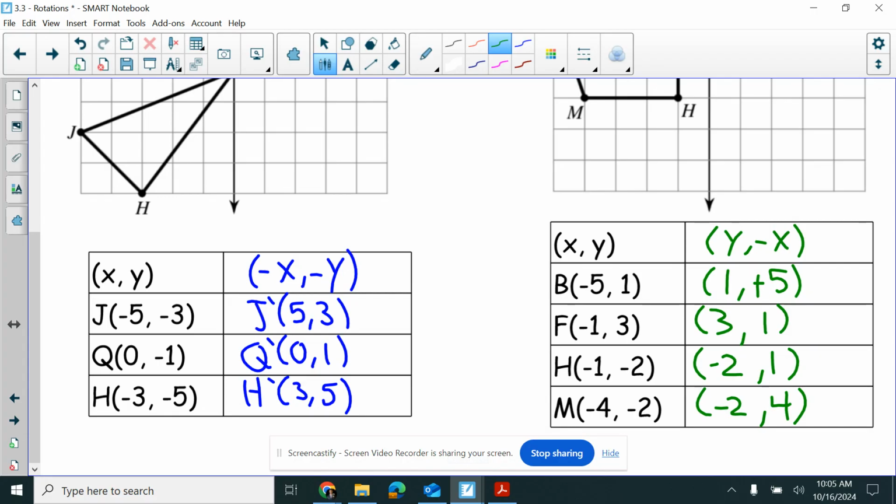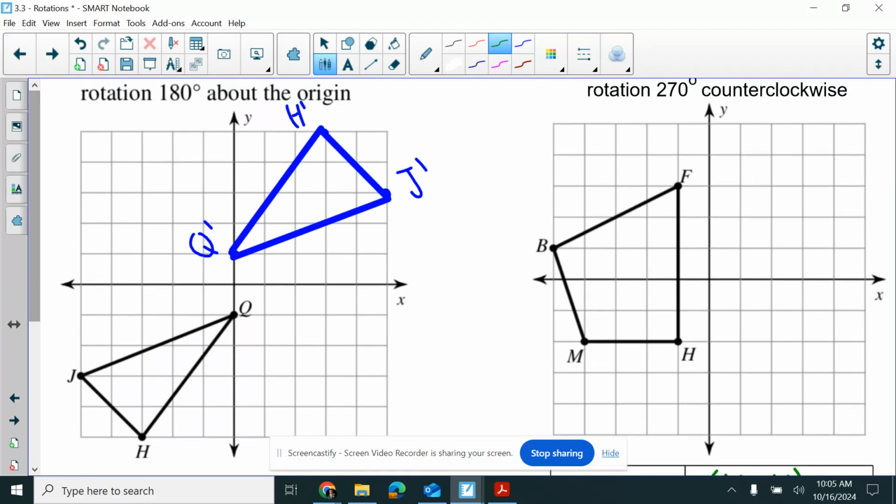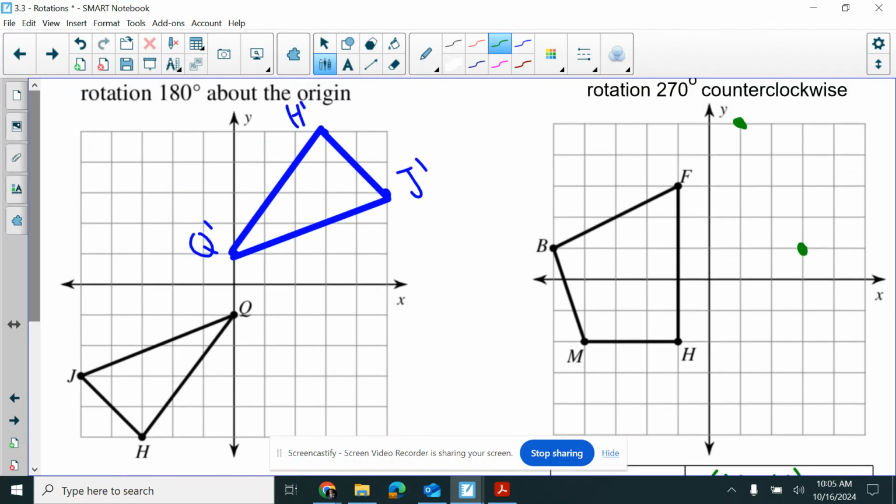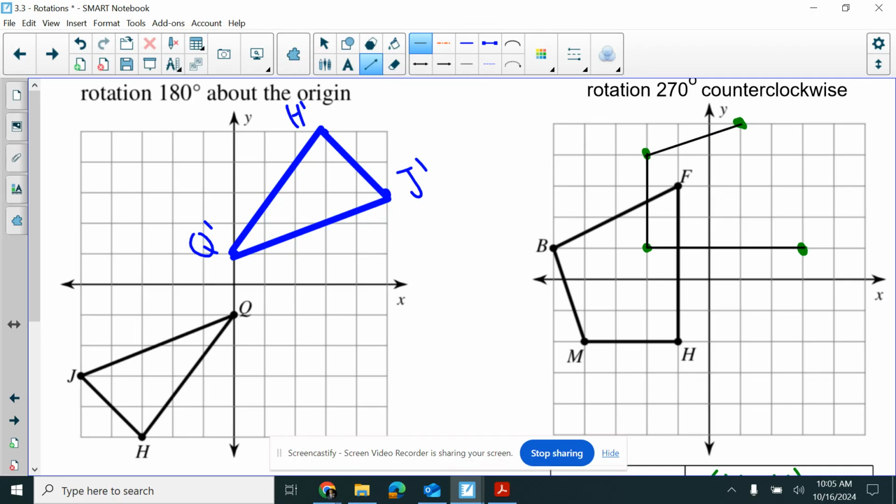So the points are -2, 1, and -2, 4. Sometimes when you do rotations, the final rotation may be overlapping the original figure. That's okay, like this one. So this is what a 270-degree counterclockwise rotation would look like.